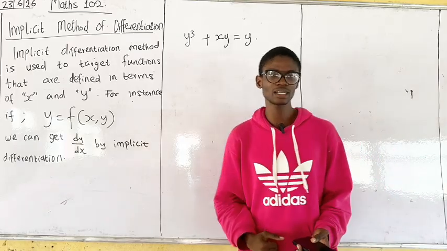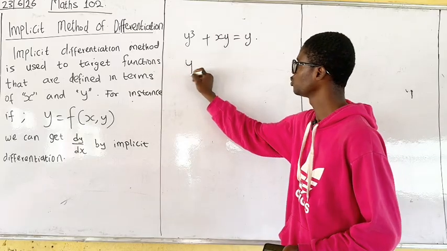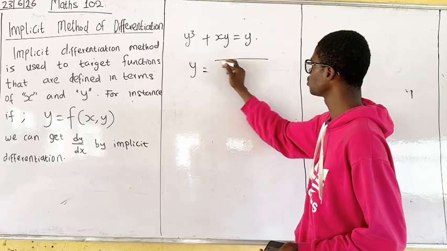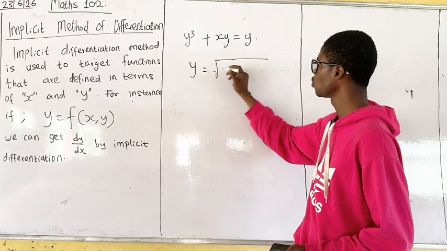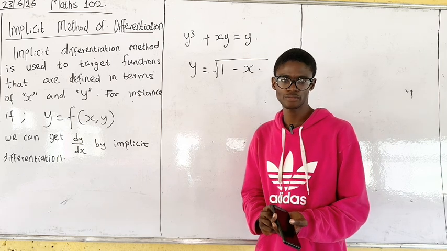But you can pause and try it out. If you solve it correctly, you should have y equal to the square root of 1 minus x.